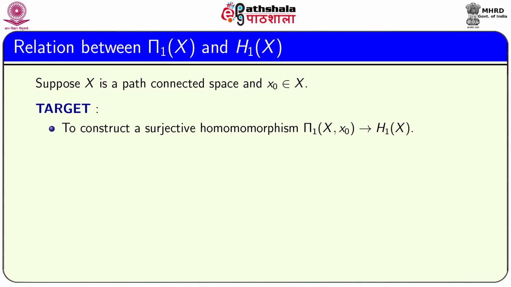Now, let us suppose that X is a path connected space and x0 is a point taken from capital X. Our intention is to construct a surjective homomorphism from the fundamental group of X based at x0 to the first homology group H1(X).